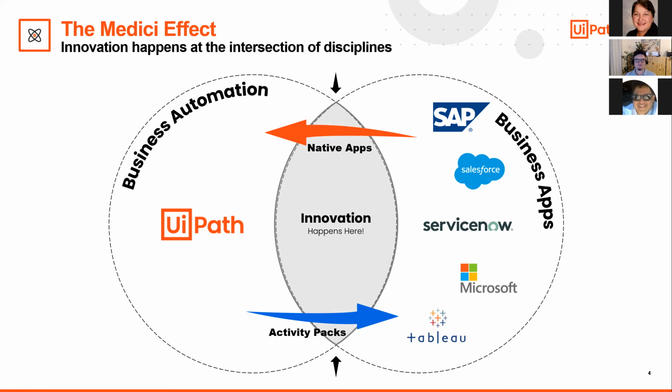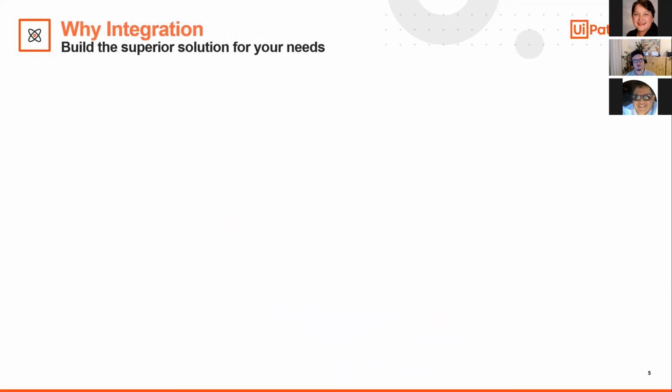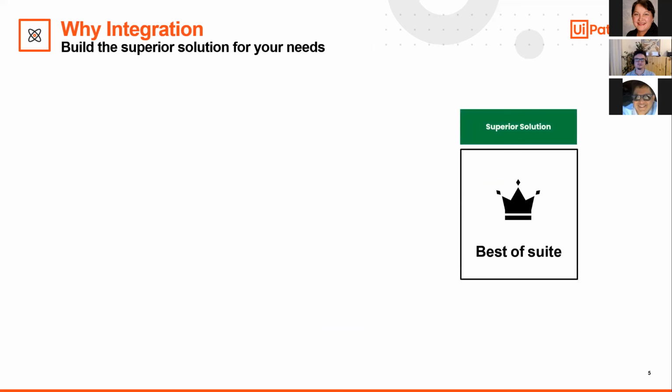Let me explain this in a little more detail. When I spoke to customers and asked them what kind of solution they want, it is typically the best of suite. We would like to have one vendor who does it all, right? One vendor, one UI, one unified experience.